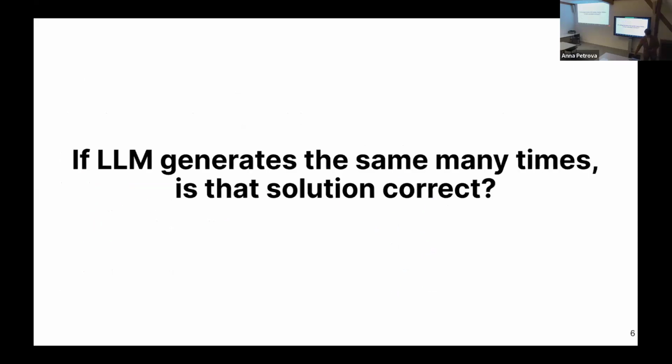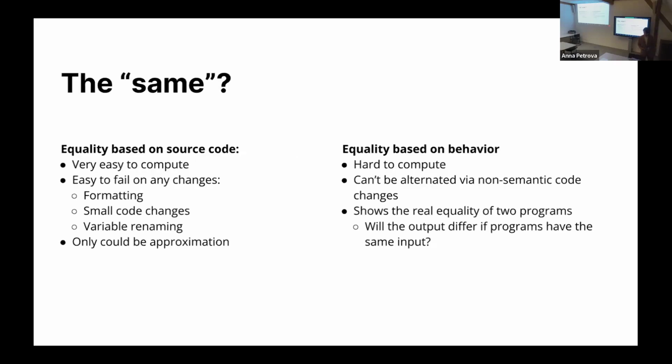So we came up with some hypotheses. If a language model generates the same solution many times, is that generated solution correct? So what does the same mean? Basically, the same could mean the same source code.